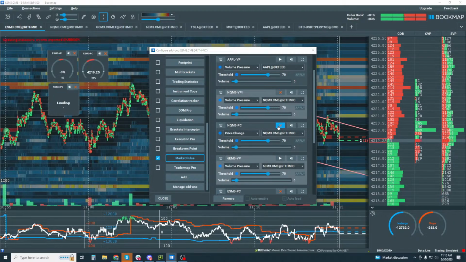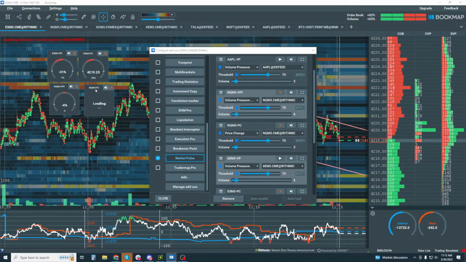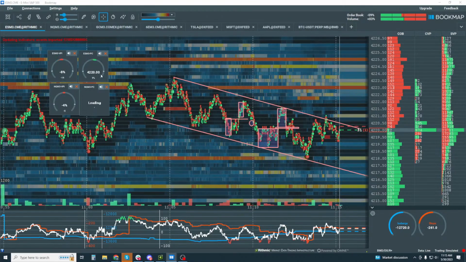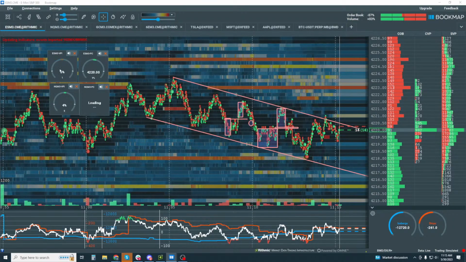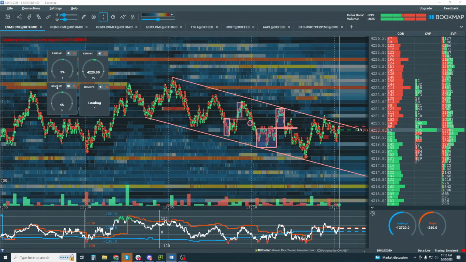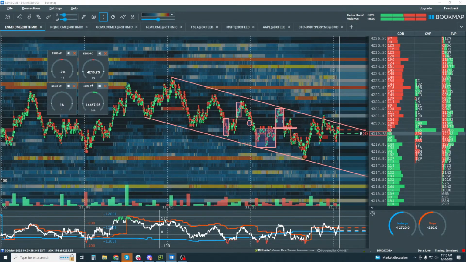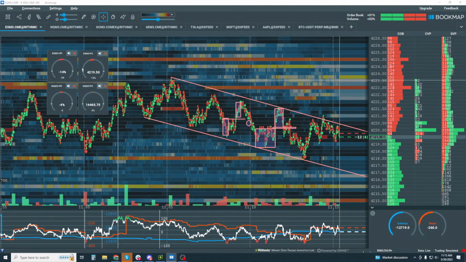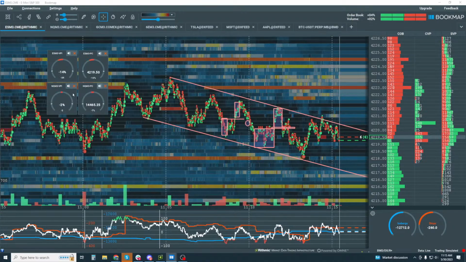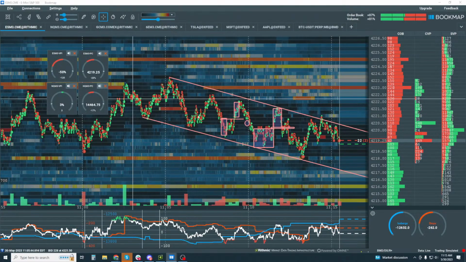Okay, there we go. So we have price change of NASDAQ and S&P here on the right, and volume pressure imbalance on the left. NASDAQ's on the bottom row. So we're just looking at a correlated market here, highly correlated. And we're waiting for maybe NASDAQ to lead the charge here.